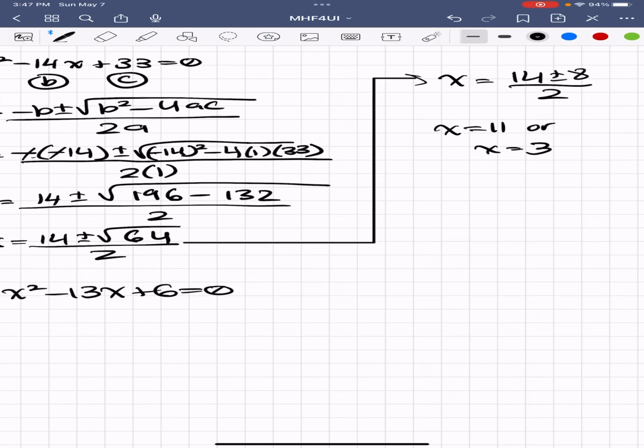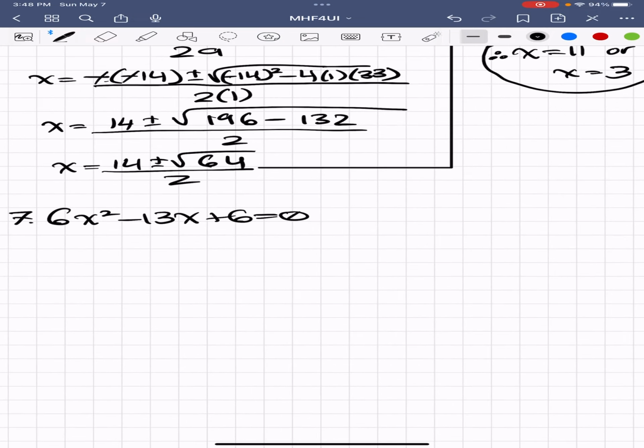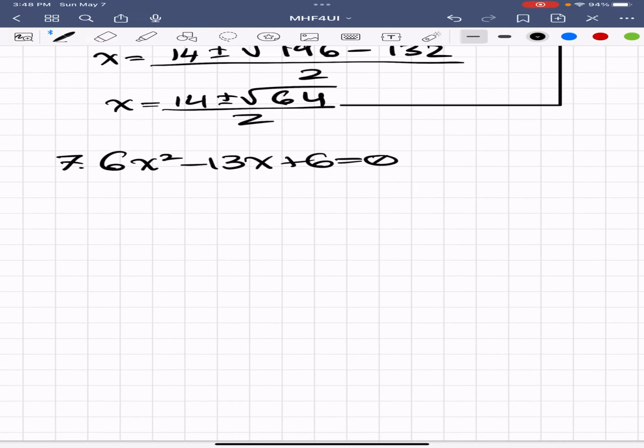And those are our final answers, our x-intercepts. By solving this quadratic equation using the formula, we got x equals 11 or x equals 3. So let's move on to question number 7.